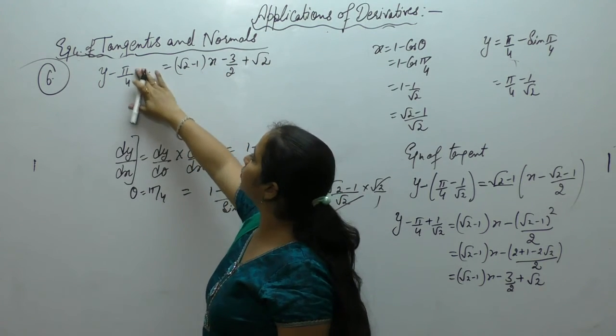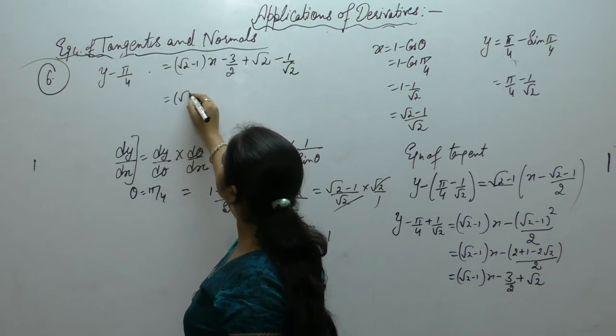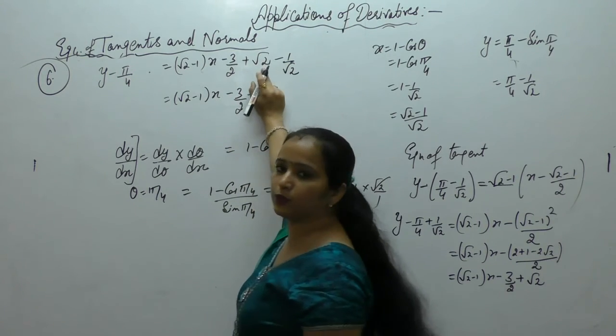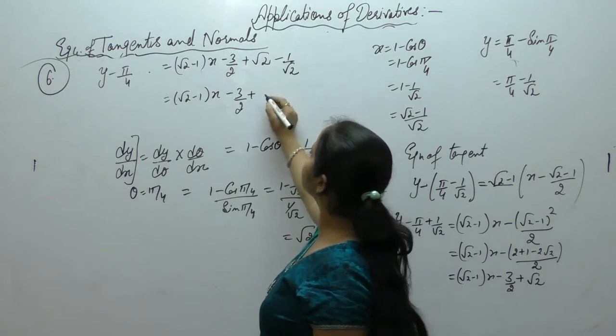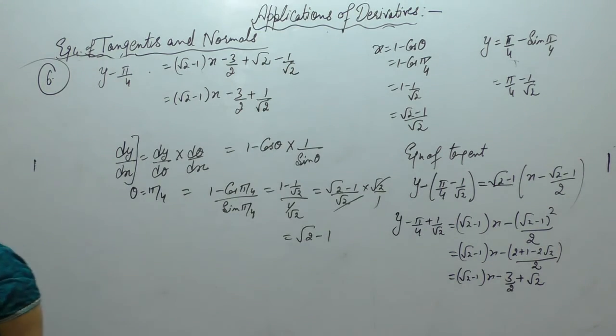This 1 by root 2 goes here, minus 1 upon root 2. Solve this. Minus 3 by 2. Root 2 into root 2 is 2. 2 minus 1, 1 upon root 2.